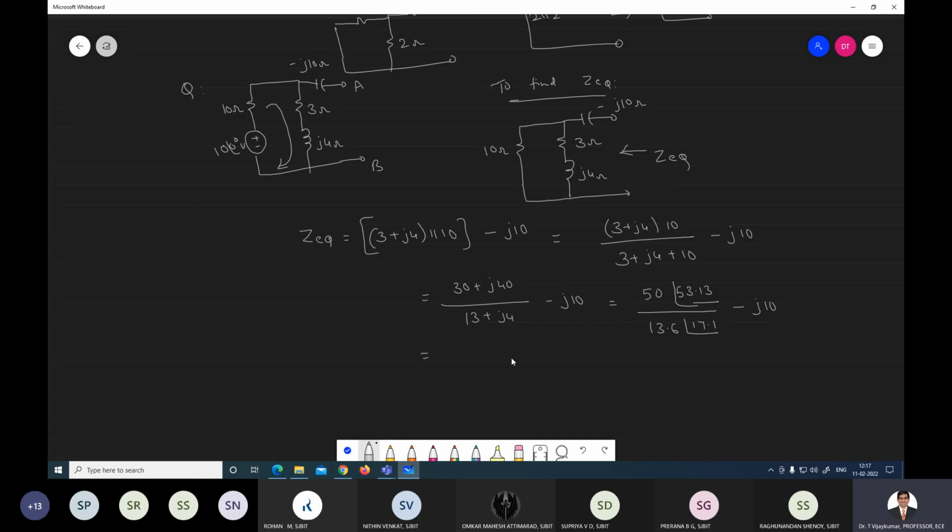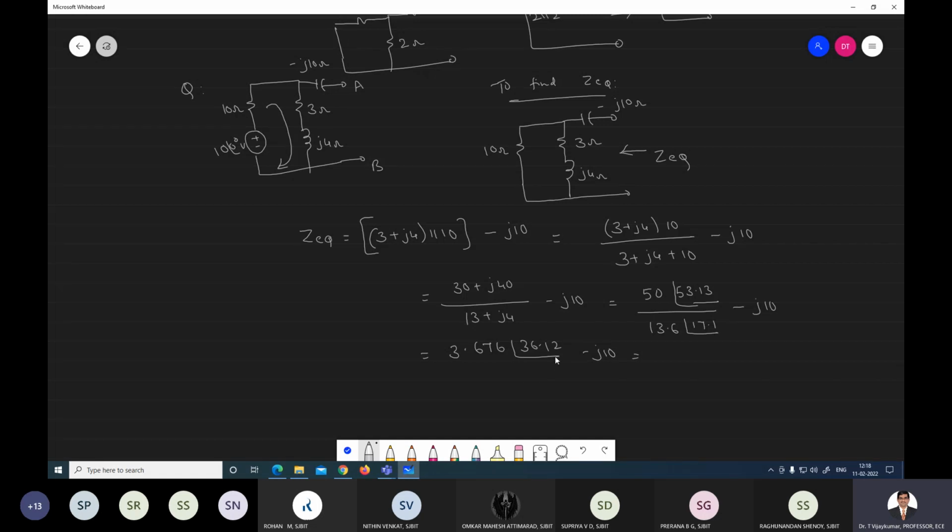When it is formed like this, you take 50 by 13.6, and the angle should be subtracted, 53.13 minus 17.1. So that is how much? 3.676 at an angle of 36.12 degrees, minus j10.